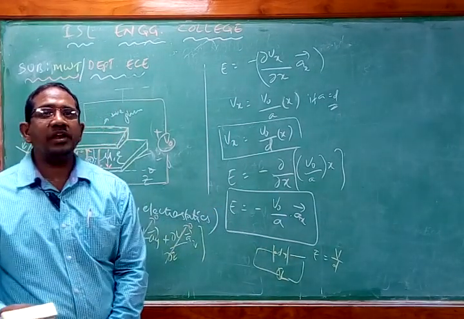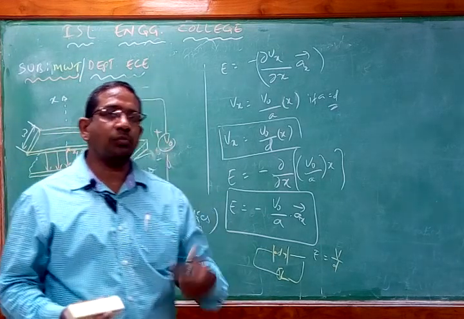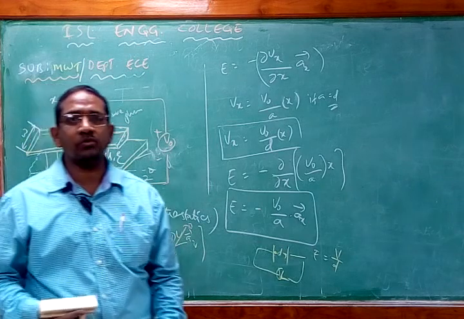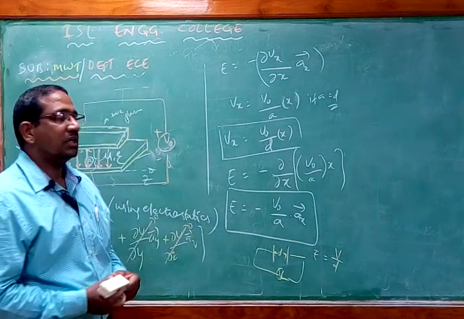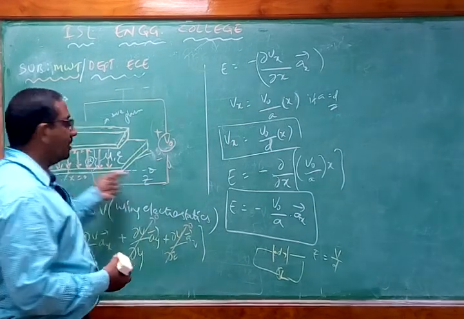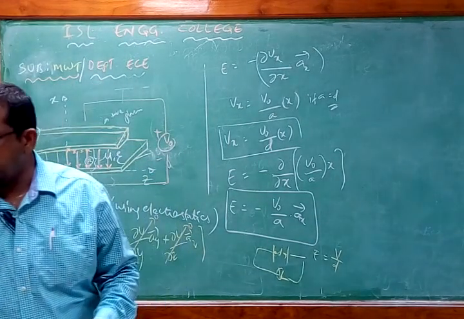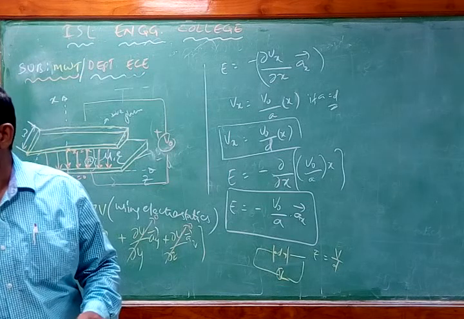Now, is it the final equation of a plane wave propagating in the medium? No, it is not, because the wave is propagating along the z direction, so we have to incorporate the z component.